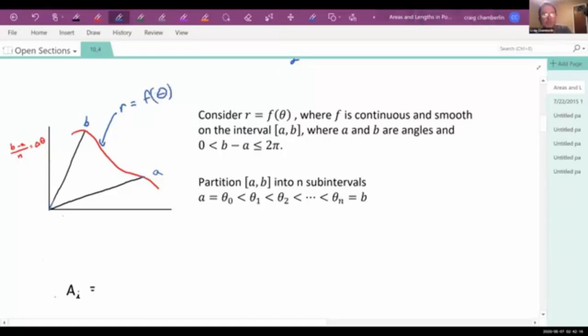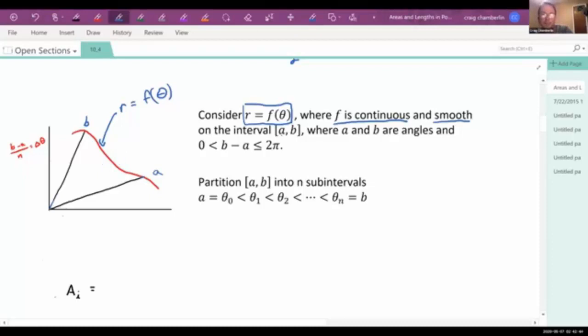So that curve in red is given by the graph of r equals f of theta. Now, in order for the formula I'm about to present to you, it has to be true that this f is continuous and smooth, which means you're not going to see any cusps anywhere in this curve.